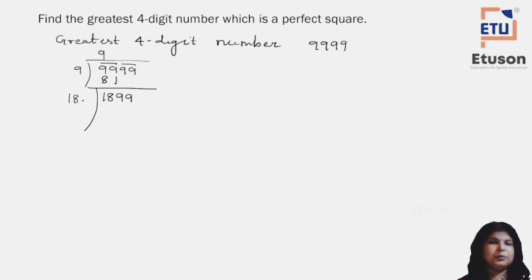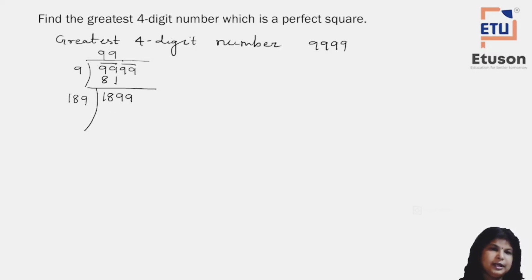So now you have to select a number in such a way that after obtaining the new number along with the selected number, you multiply the same number, and that should be less than 1899. So I have taken 9 here and I have to write the same 9 here.